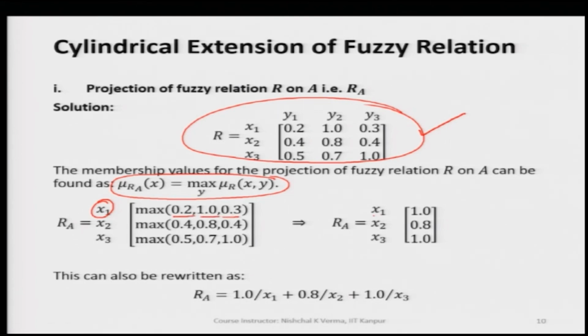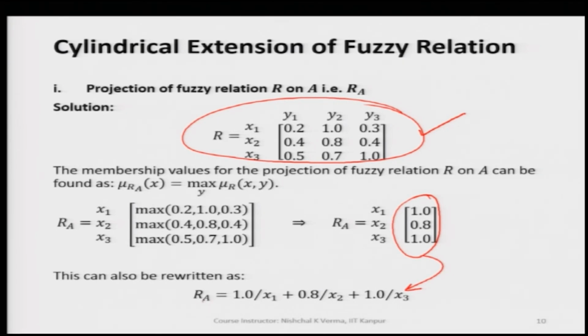So, the membership value corresponding to the x 1 point we are getting 1, and then similarly for x 2 we are getting 0.8 and for x 3 we are getting 1. So, this way we are reducing the dimension y, and corresponding to x we are getting these as the membership values, which is written here in the expression of the fuzzy set.